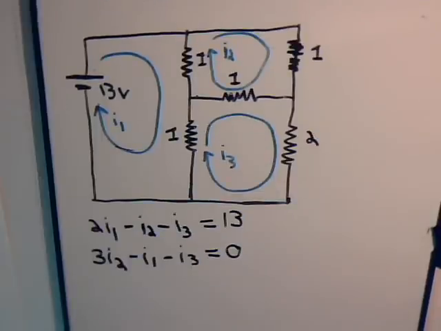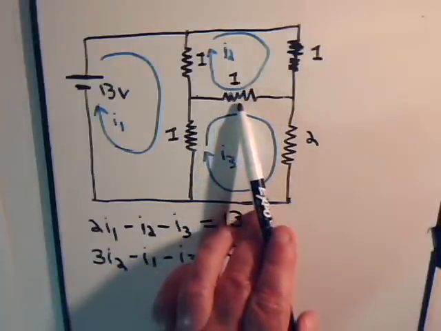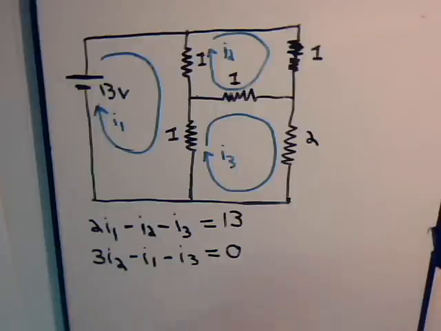Now let's go down to the third loop. Here we have I3 flowing through 1, adds up to 2, plus 2 adds up to 4, so we have 4 I3, and then we subtract.